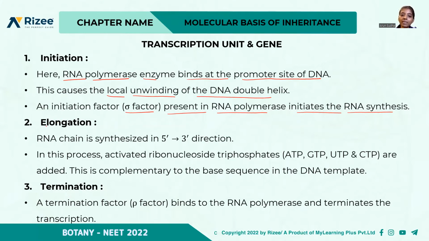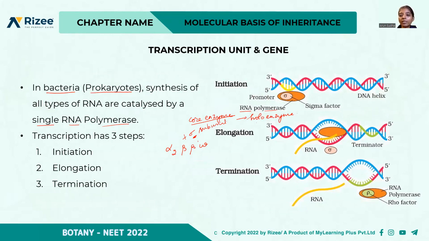Then the next stage is elongation. What is happening in elongation? RNA is synthesized in the 5' to 3' direction. In this process, activated ribonucleoside triphosphates, that is ATP, GTP, UTP, and CTP, are added. All the ribonucleoside triphosphates are added, complementary to the base sequence in the DNA template. So this is the elongation. Here there is a formation of the transcription bubble.